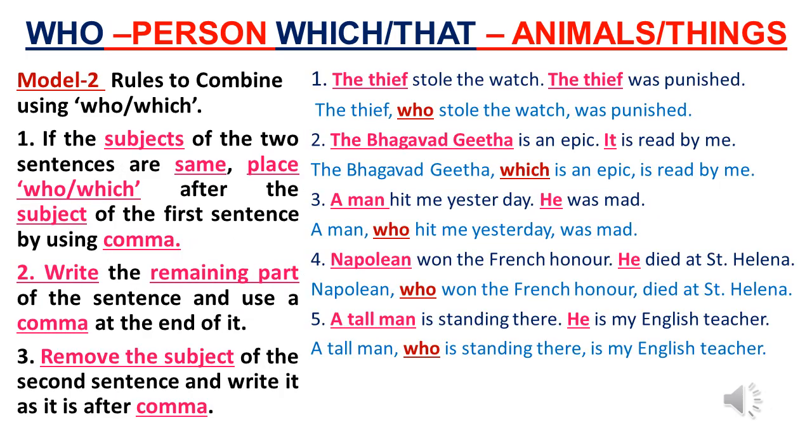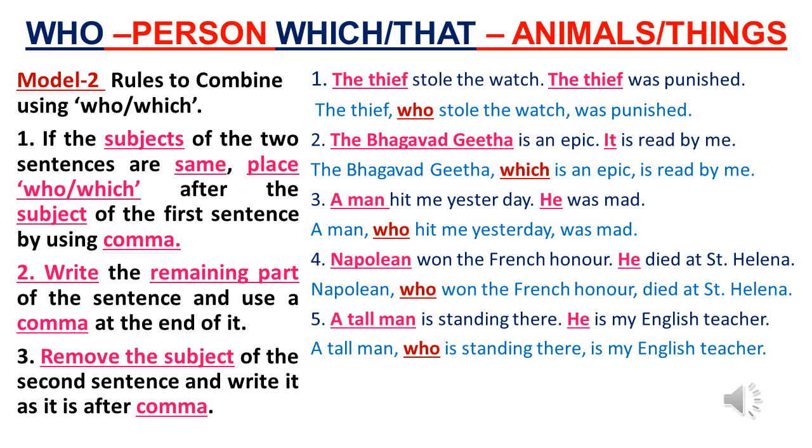Let's discuss the second model. Here we have three rules to combine sentences by using who or which. Rule number 1. Look at the question. If the two subjects of the two sentences are the same, then place the conjunction who or which next to the subject of the first sentence by using a comma.